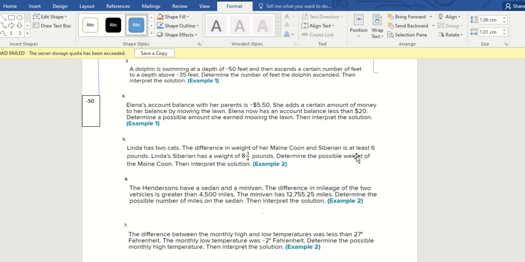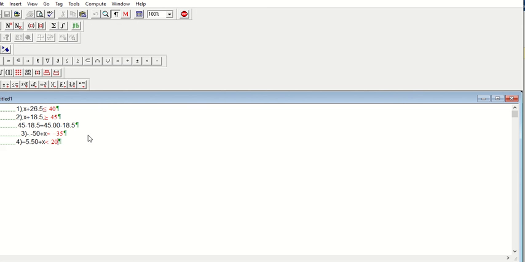Again, we have the words at least. At least means that the minimum is 6. Maybe the difference is 7, maybe 8, maybe 9, maybe 10. One of her cats, the Siberian, weighs 8 3/4. So X minus 8 3/4 is greater than or equal to 6.